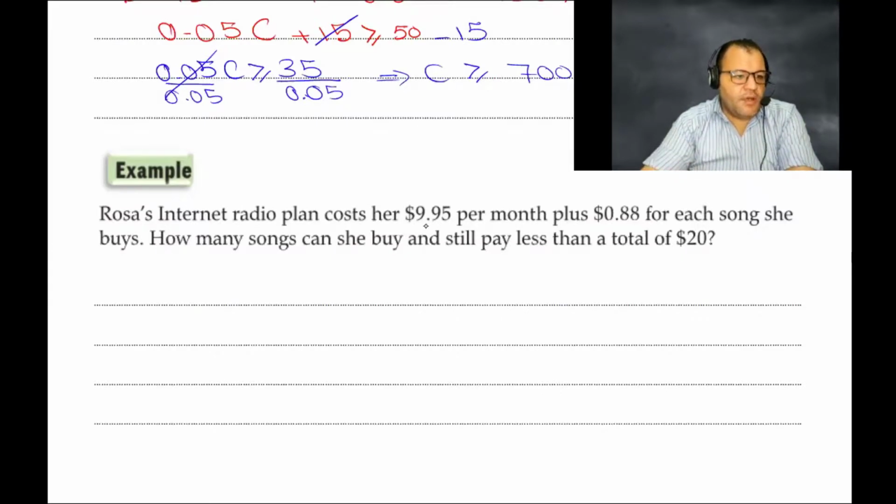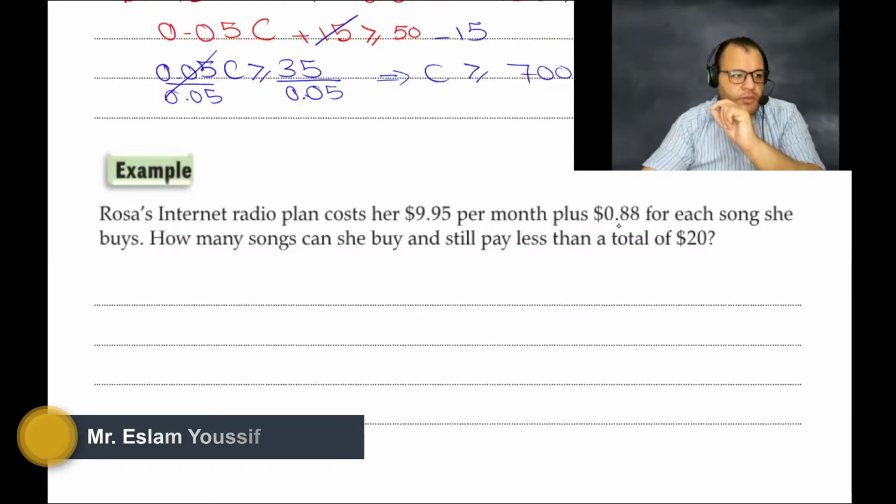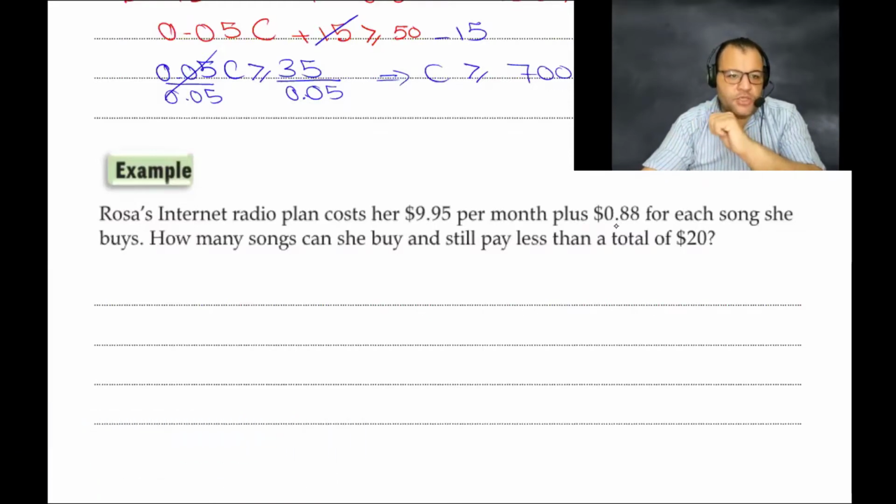She's paying 9.95 per month, and the plus is for fixed. And the plus 0.88 is for each song. If you want to purchase any song, she will pay 0.88. How many songs can she buy and still pay less than 20?